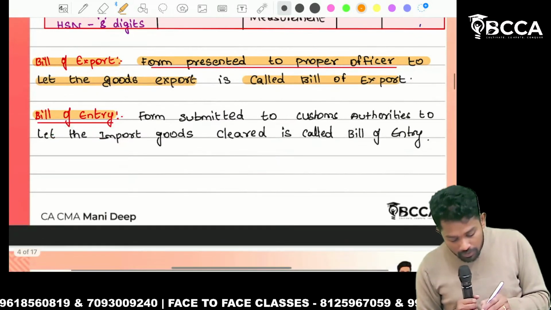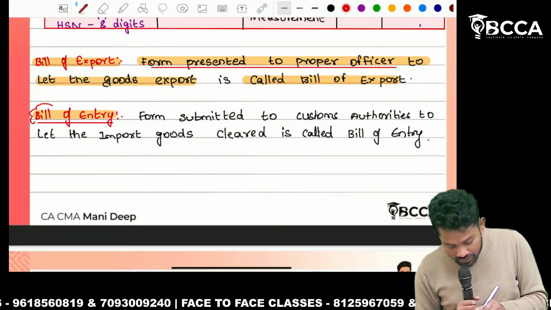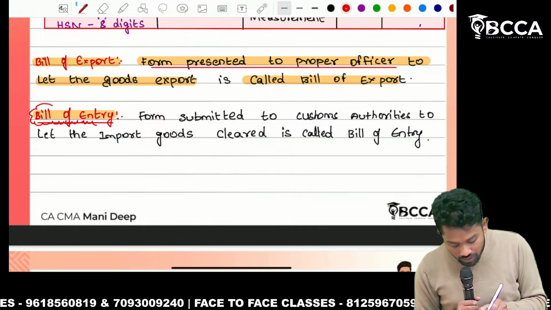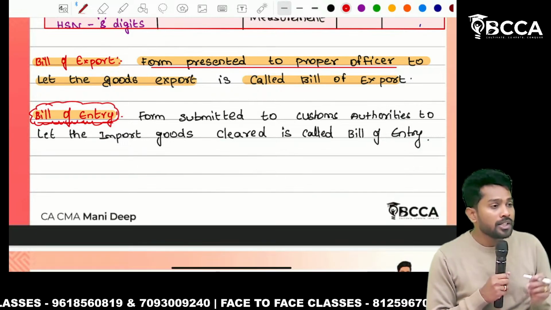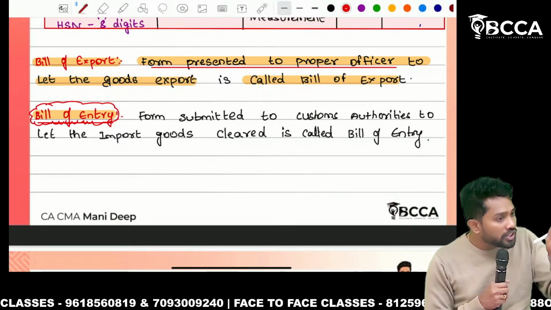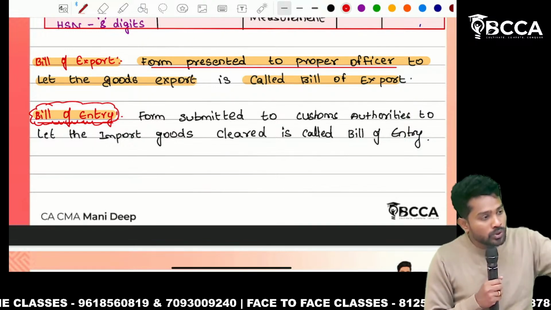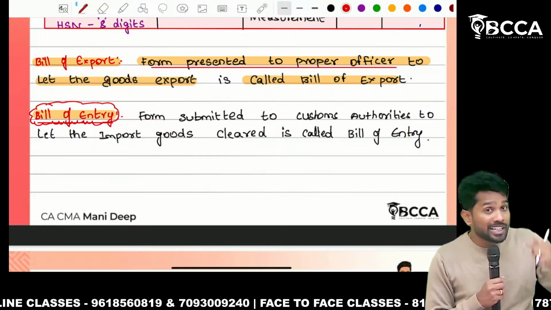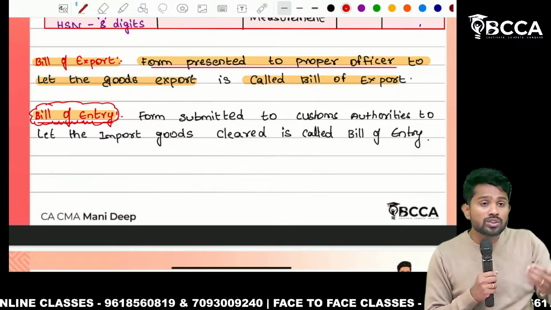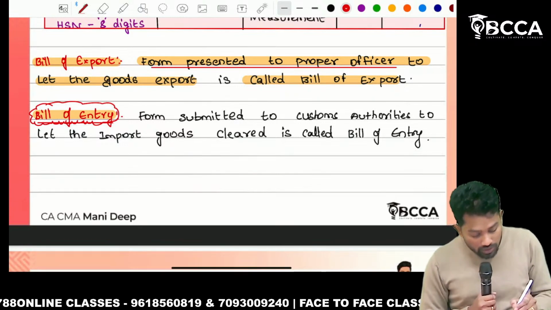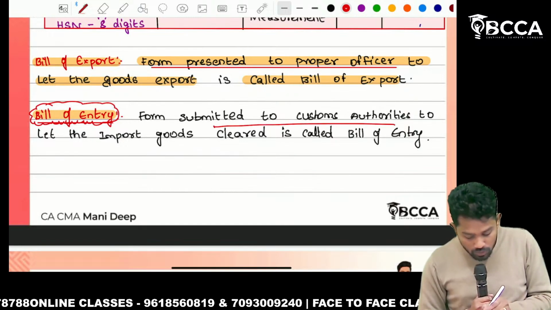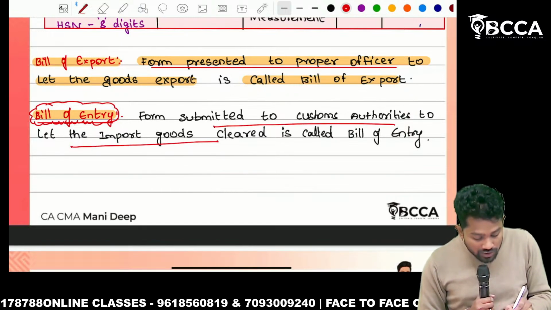Then bill of entry, the next one. What is called bill of entry? Bill of entry is also a form submitted to the proper officer, but now it is the form submitted to let the imported goods be cleared.